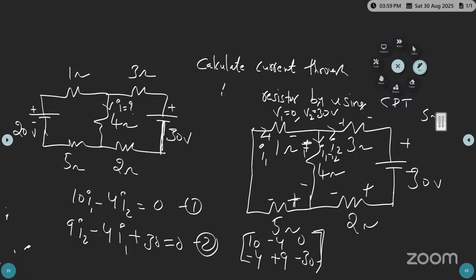Minus 30. In the equation it is plus, but you have to enter minus 30 in the calculator.